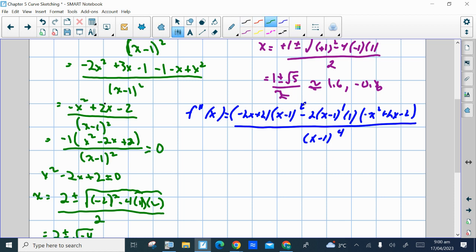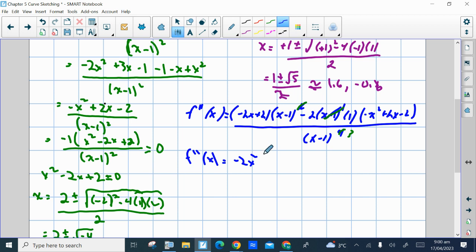And in this case, we can divide all terms by one factor of x minus 1. That simplifies it a little bit, which leaves us with, again, we can FOIL these out. We'll get negative 2x squared. The outer products is positive 2x.